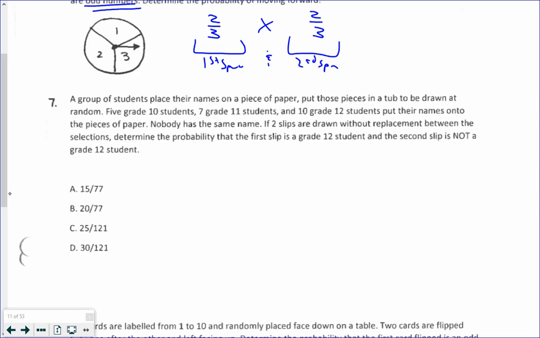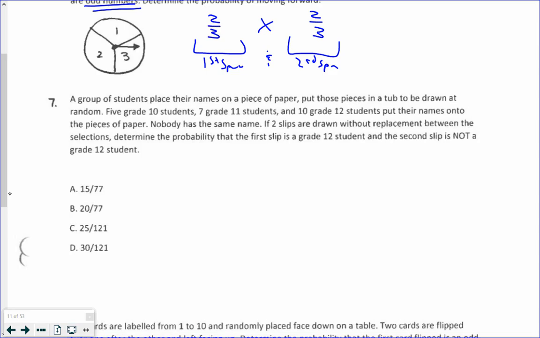Okay. A group of students places their names on pieces of paper. Put those pieces in a tub to be drawn at random. 5 grade 10 students, 7 grade 11 students, 10 grade 12 students. Put their names into the pieces of paper. Nobody has the same name. That's important. So again, there's no repeats.